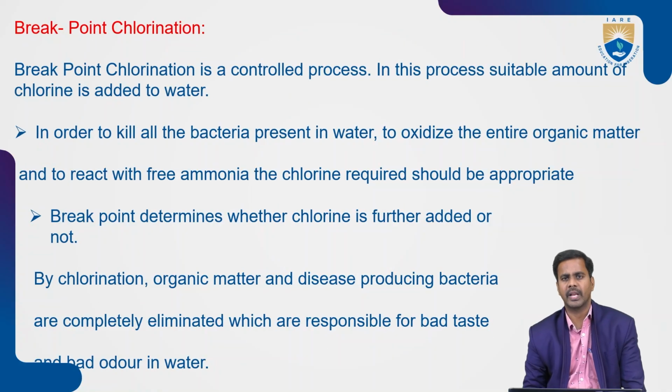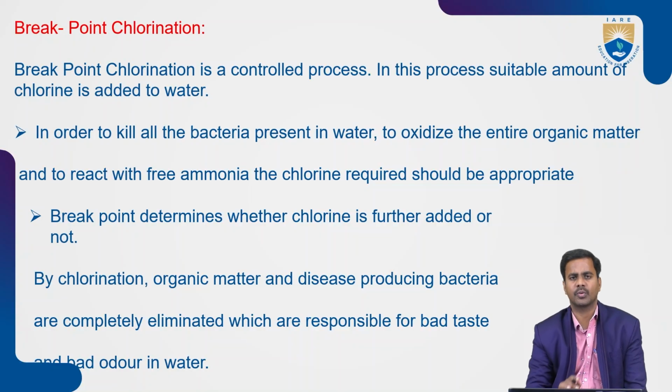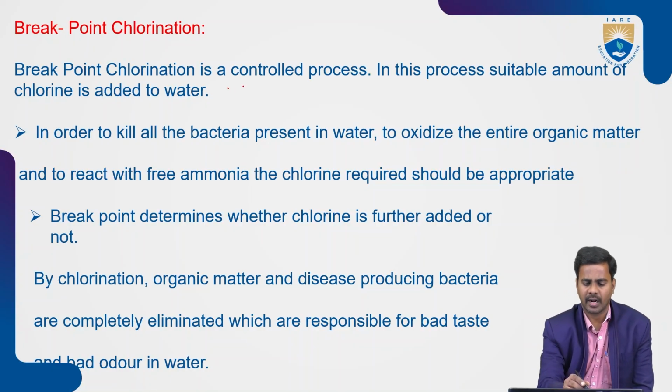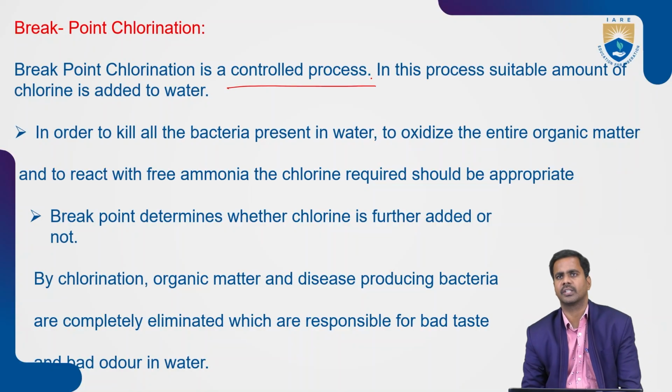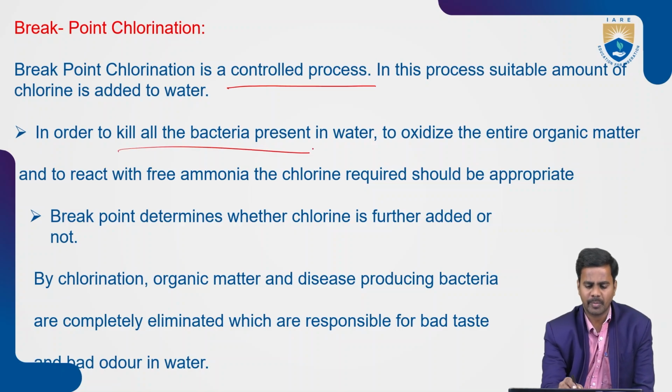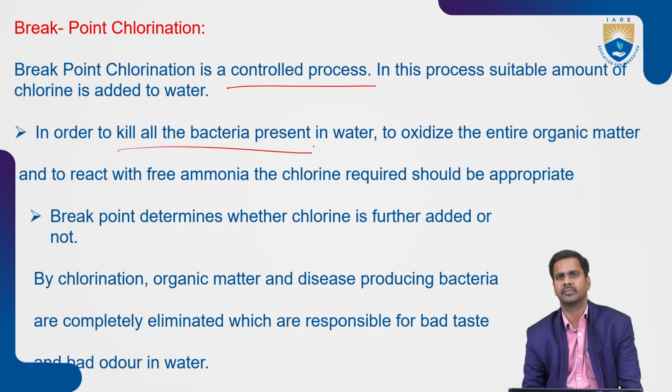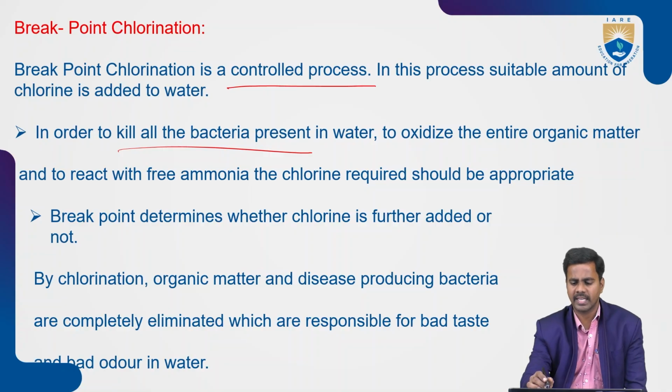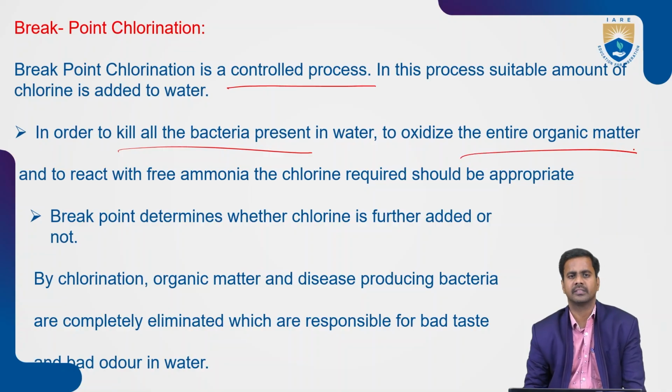Next one, breakpoint of chlorination. Breakpoint of chlorination is the controlled process in which a suitable amount of chlorine is added to the water in order to kill all the bacteria present in water, to oxidize the entire organic matter, and to react with free ammonia.